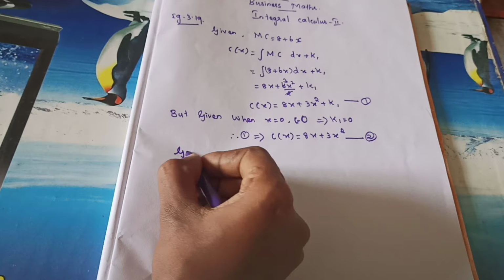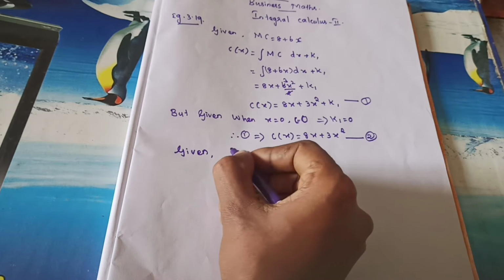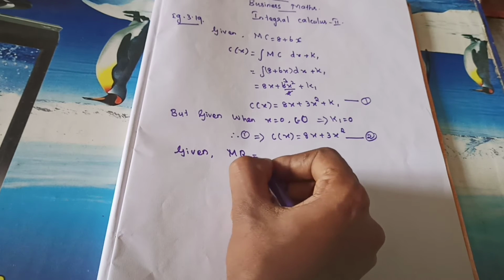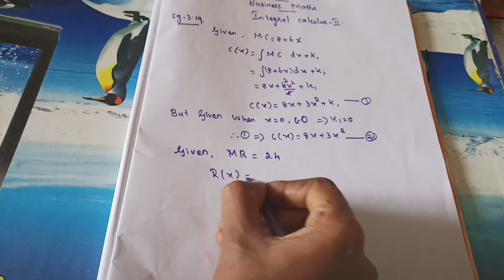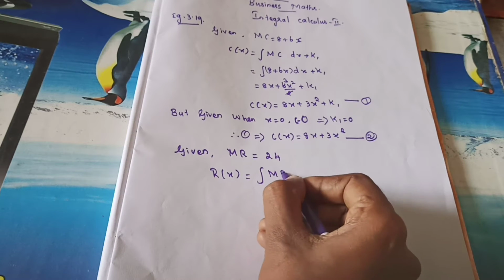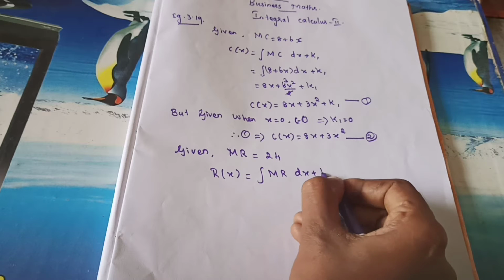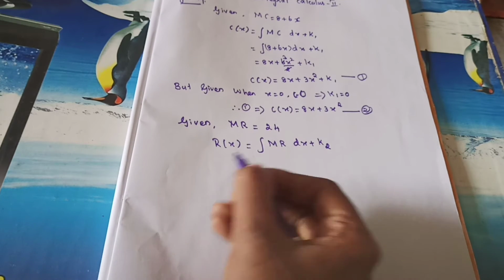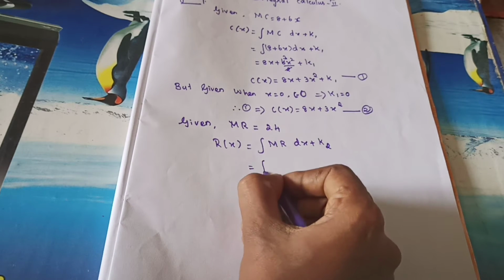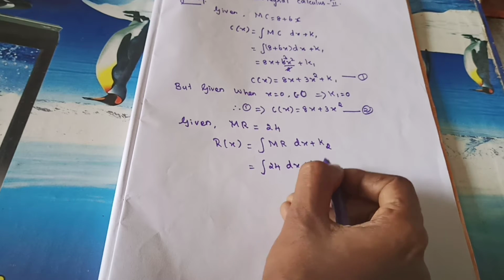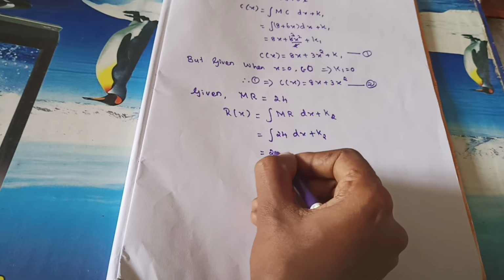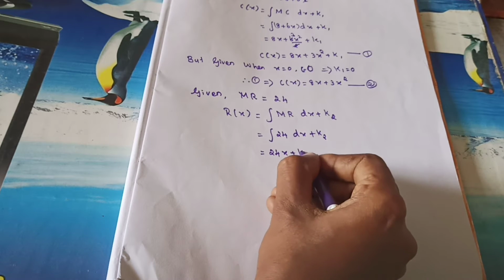What did they give? Marginal revenue is given. MR value is given as 24. So R of x will be found by the integration of MR dx plus another constant k2. That's equal to the integration of 24 dx plus k2. So the integration is 24x plus k2.